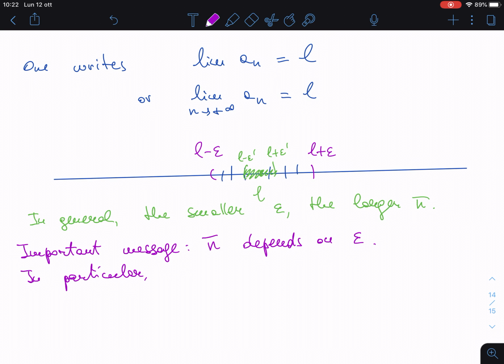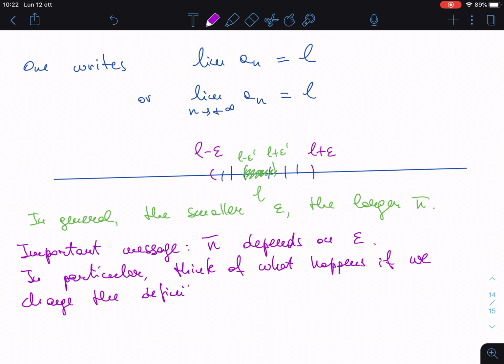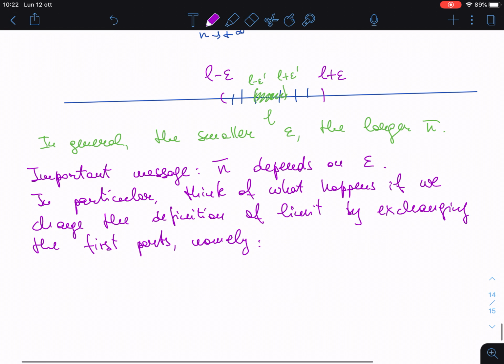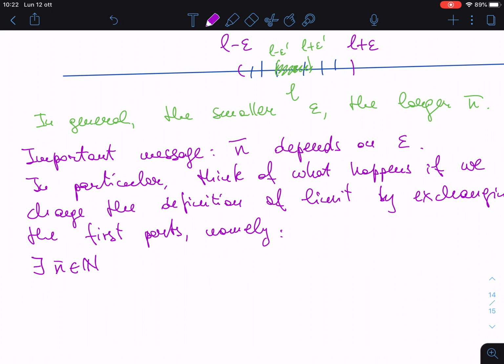In particular, I ask you to meditate, to think of what happens if we change the definition of limit simply by exchanging the first parts, namely, if we say there exists n bar in N such that for every epsilon larger than 0, whenever n is larger than n bar, we have |an minus L| less than epsilon.